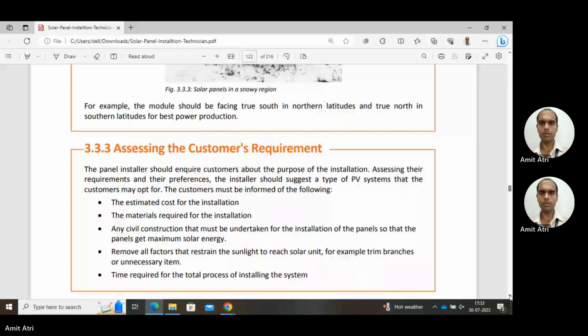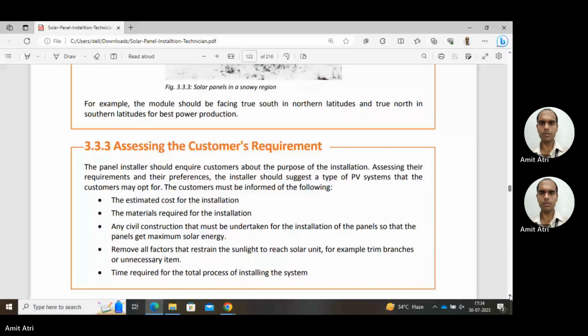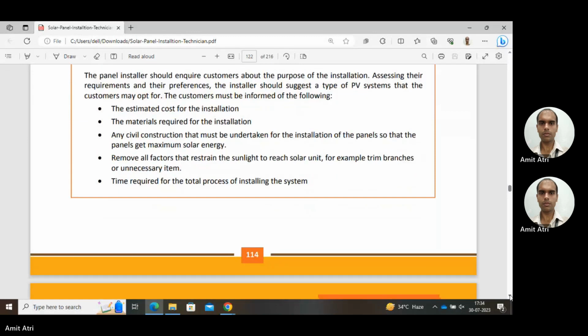Like if trees are causing a shadow, then we need to trim the branches, or some other items can be removed or shifted. We have to inform the customer that we have to do that. Next is the time required for the total process of installing the system. All these things the installer should inform the customer.